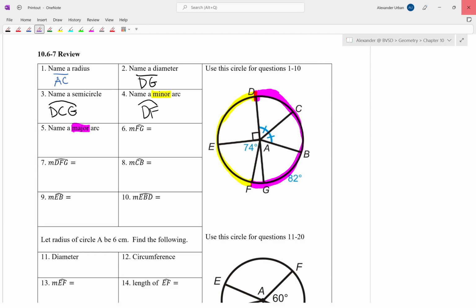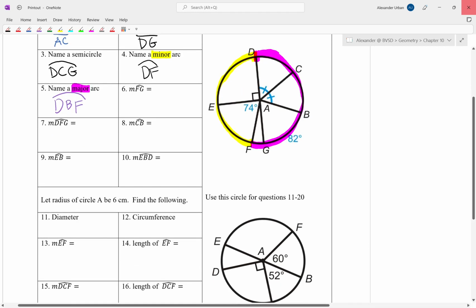So I'm going to choose, in this sense, I have my starting point D, I have my ending point F, and this time I'm going to go through B. And again, this is that arc. So you could see with this one here, we're going to talk about all the major vocabulary first: radius, diameter, semicircle, minor, and major arcs. And that's just the naming component, and that's what helps us find lengths and measures.